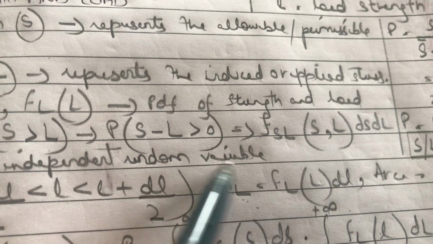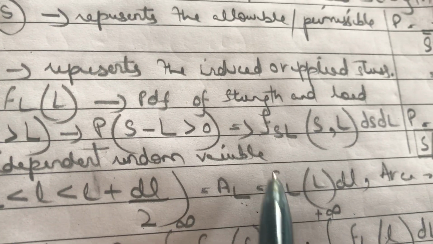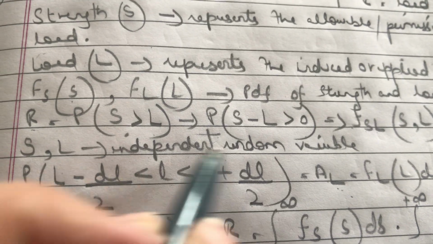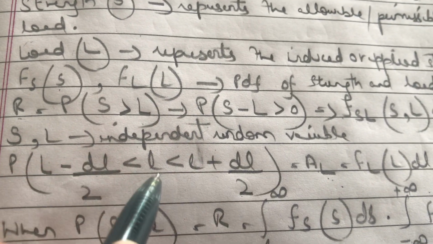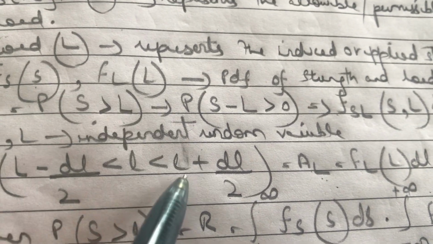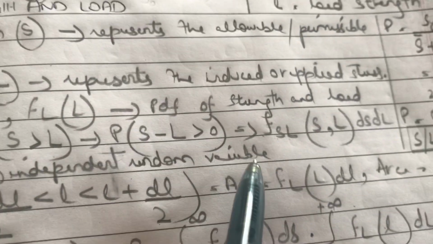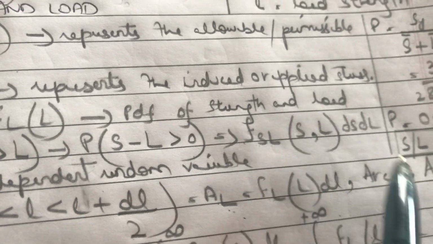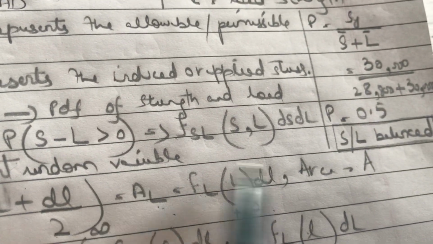We have a probability of that area of L, going from L minus dl over 2 to L plus dl over 2. We represent this as FL of L and dl, and this is our area A.